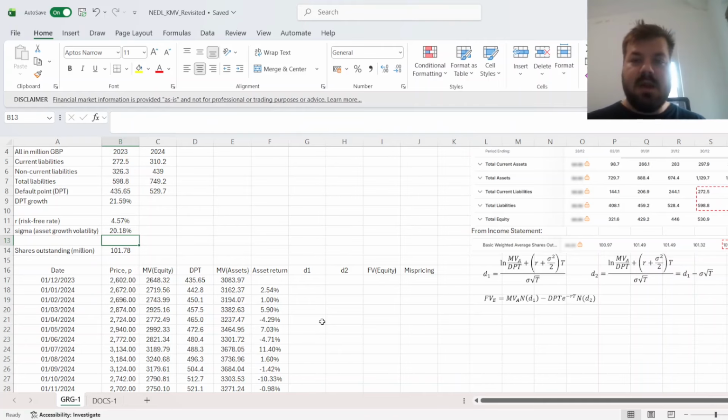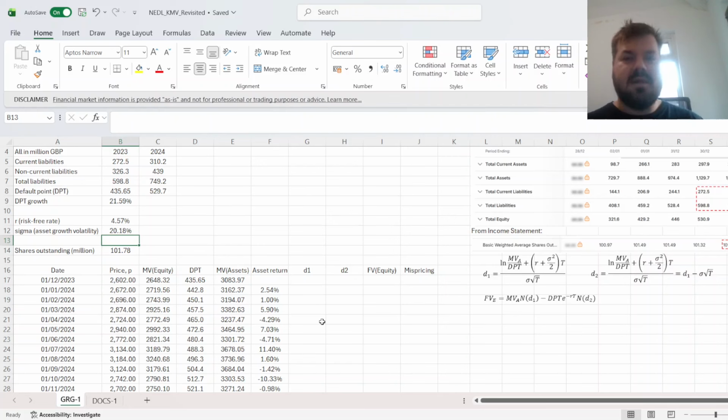Because, well, if the company goes bust, so the value of its assets is below the value of debt, then due to limited liability, the stock investors do not get anything, but they do not lose anything in excess of their investment amount.